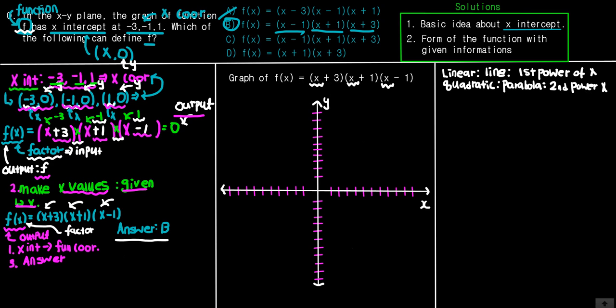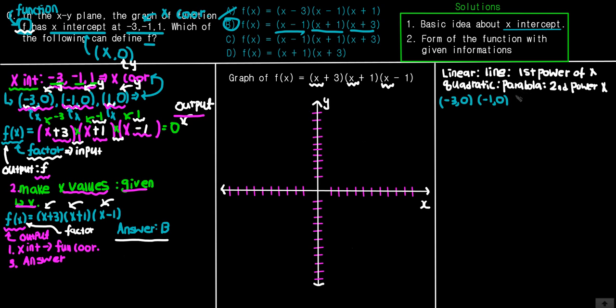At first, we know some points to graph f(x) = (x + 3)(x + 1)(x − 1). The basic coordinates we use are (−3, 0), (−1, 0), and (1, 0).